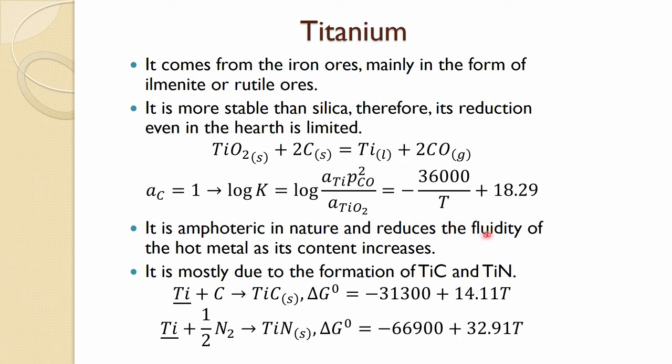Fluidity is reduced due to the formation of these carbide and nitride, which form when dissolved titanium reacts with carbon to give titanium carbide, and similarly titanium nitride. The standard free energy for this reaction is given here.